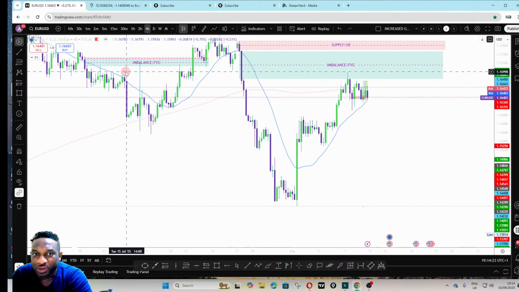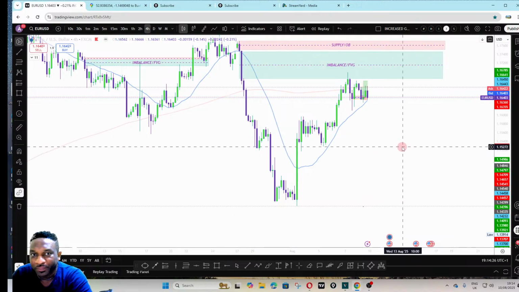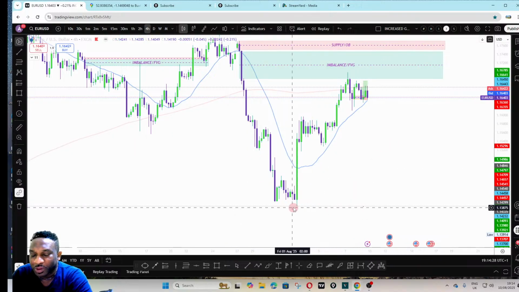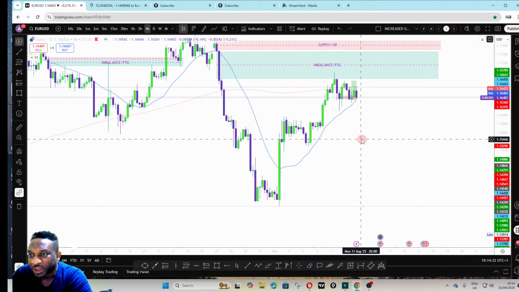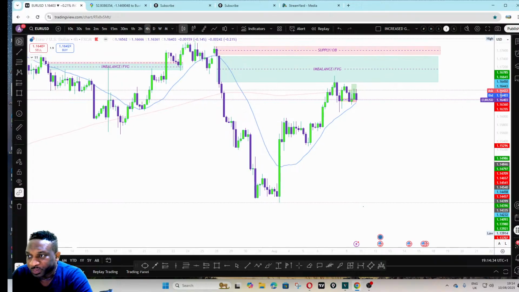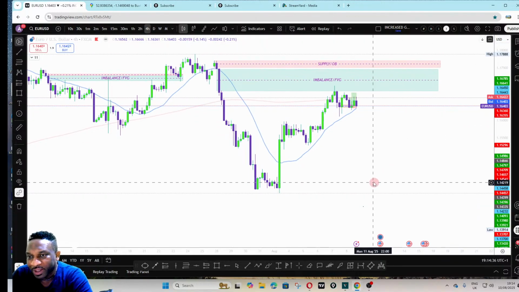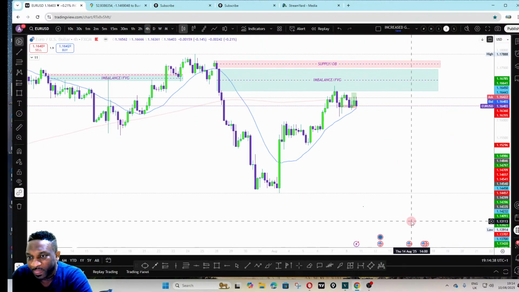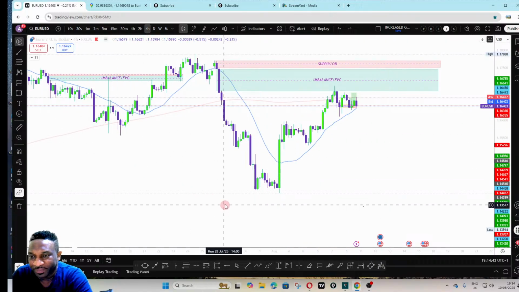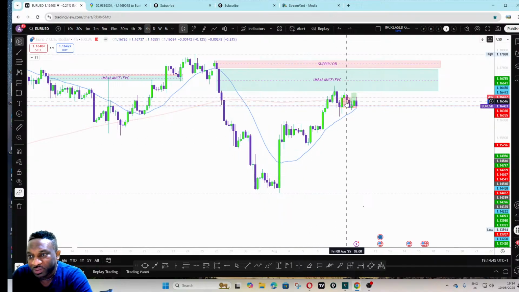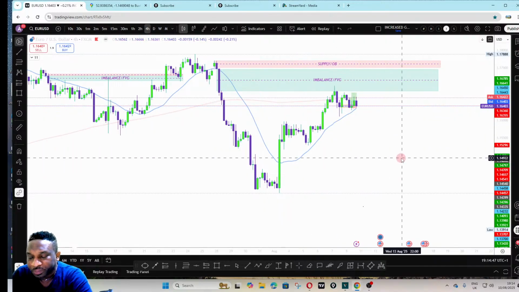This is the exact opposite of what we were looking at on DSY, because that's how the dollar pairs kind of move. So if the DSY is going downwards, if you come to a pair like Euro USD, you have it going up, as we can see from here.